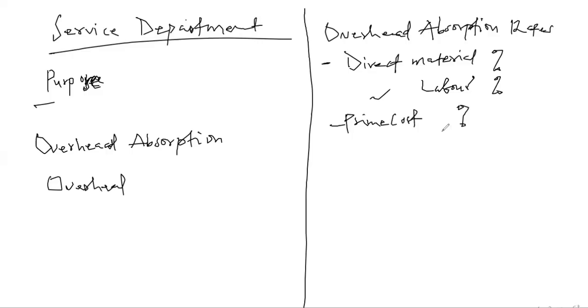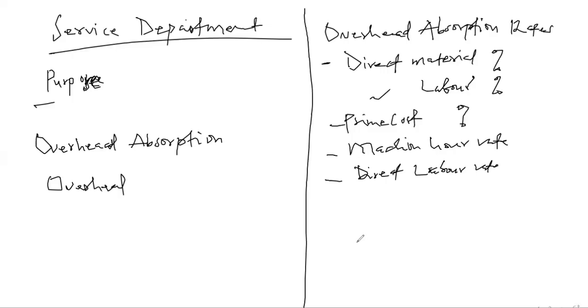Then you can also use the machine hour rate, then the direct labor rate, then the total units of production. So these are some of the rates that you use.